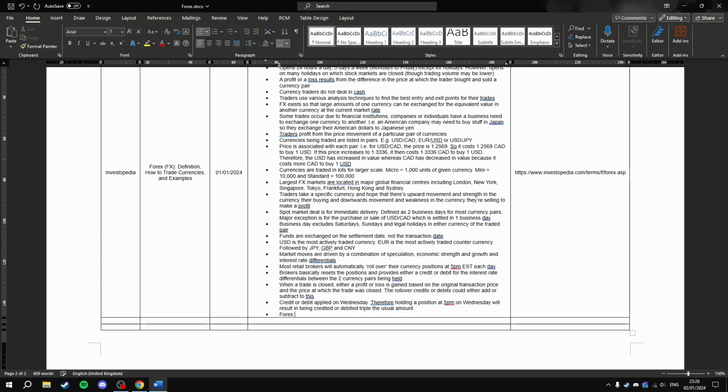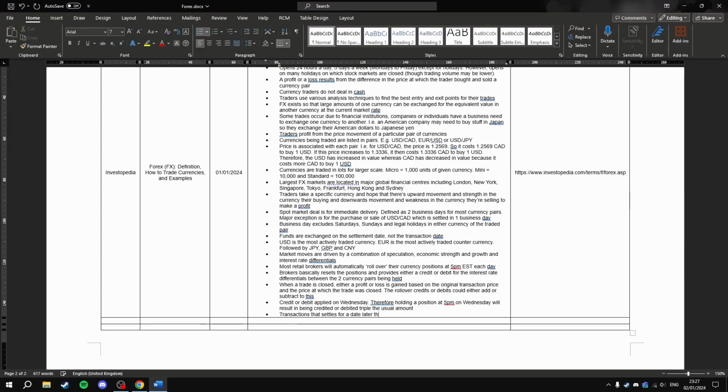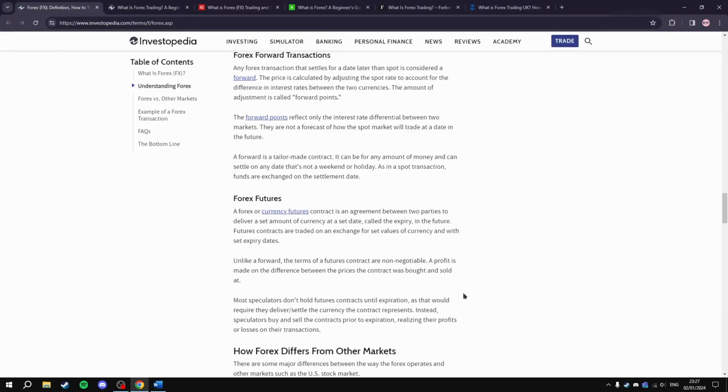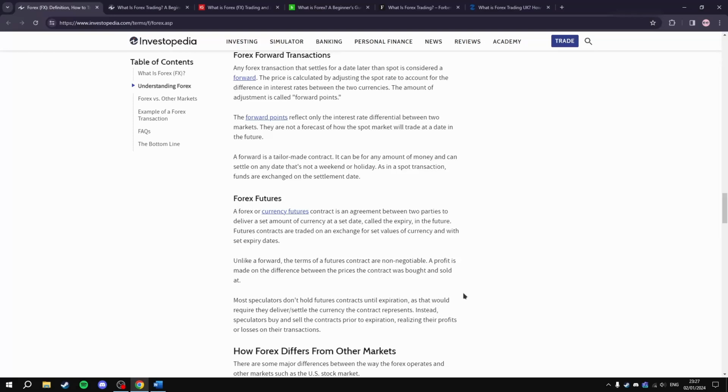Forex transactions that settle for a date later than spot are considered a forward. The price is calculated by adjusting the spot rate to account for the difference in interest rates between the two currencies.